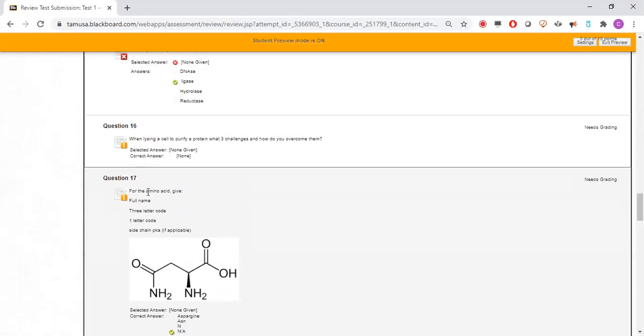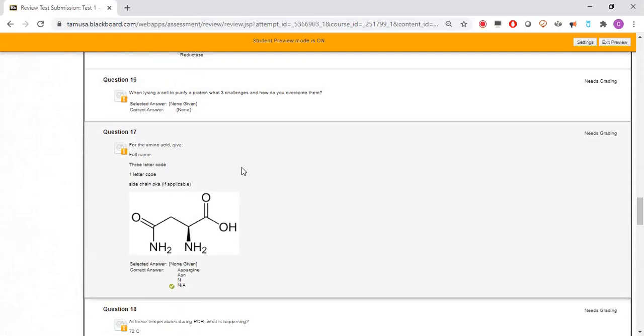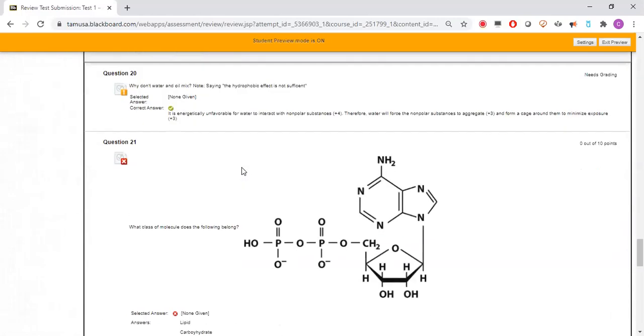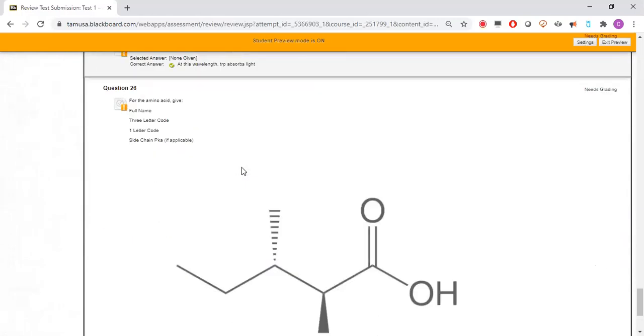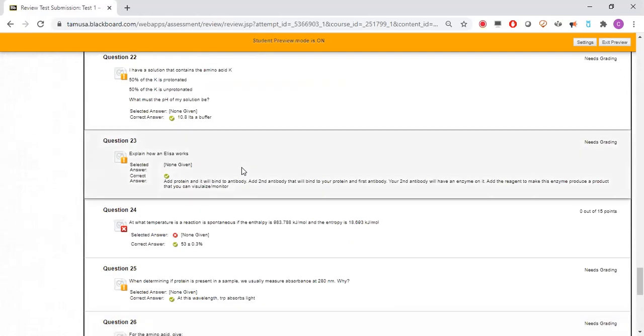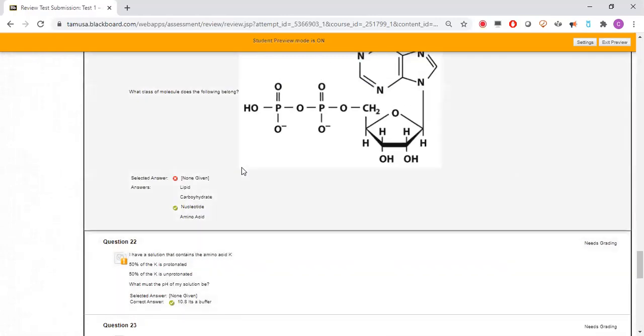Some don't, like when lysing a cell to purify a protein, what 3 challenges are there and how do you overcome them? So those, I was grading based on what people put, since there could be a lot of things that you put, but everything should have the correct answer. So that is how you get to your test to look it over.